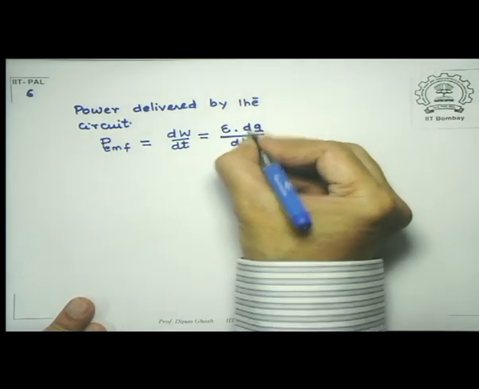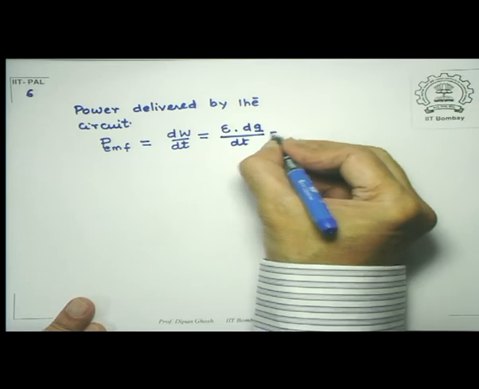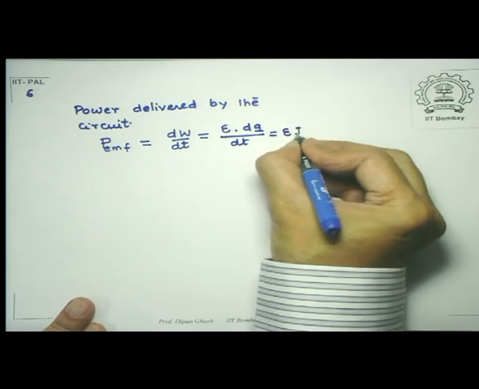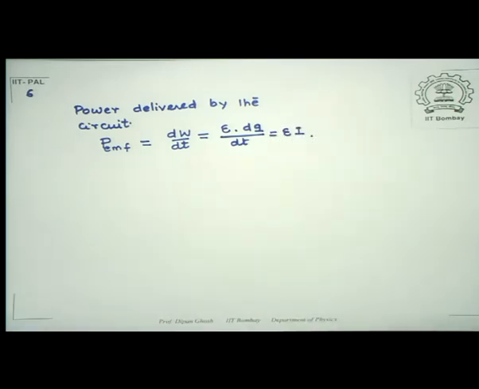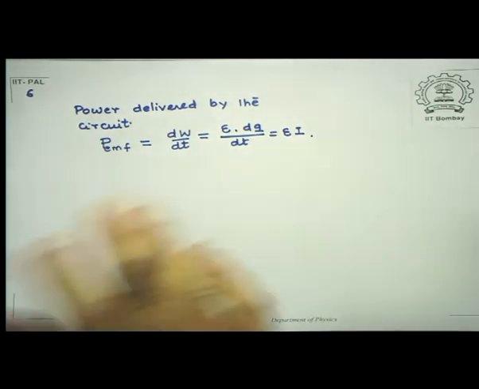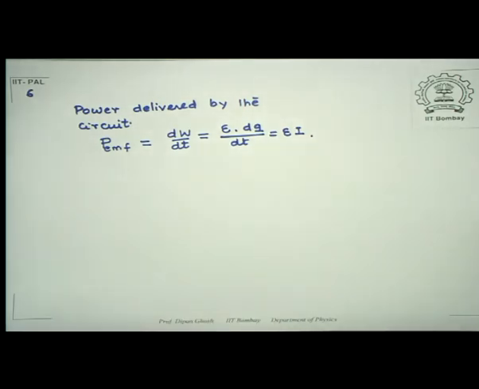But if you recall, dq by dt is nothing but the current, so it is E times I. So this amount of energy is delivered by the battery to the external circuit.